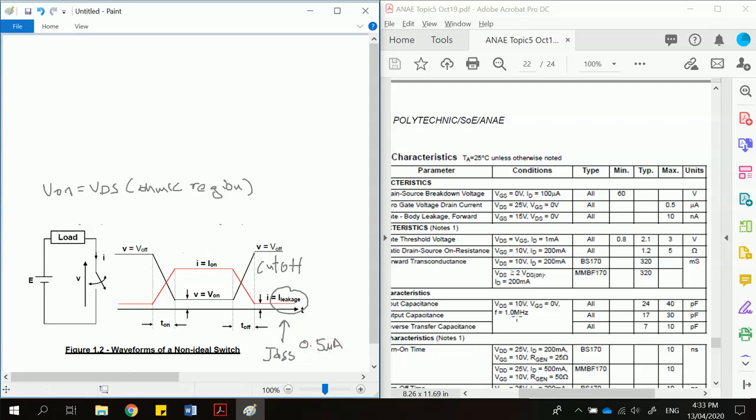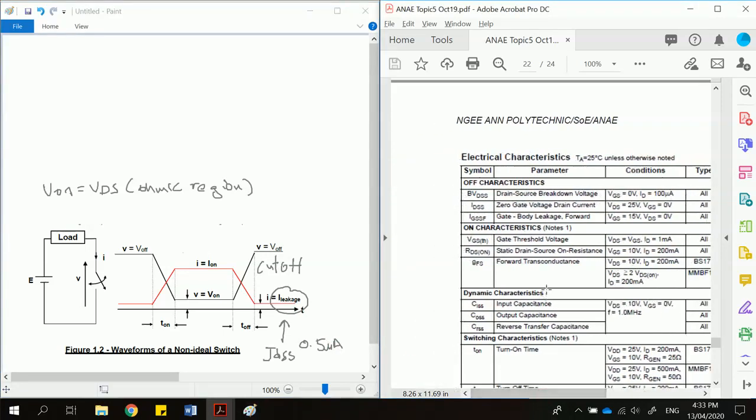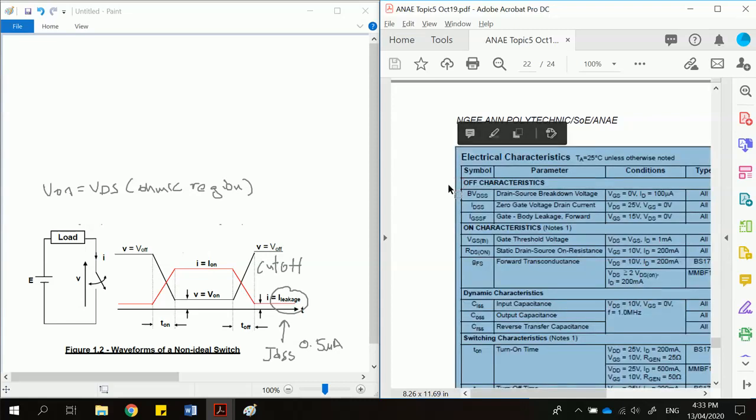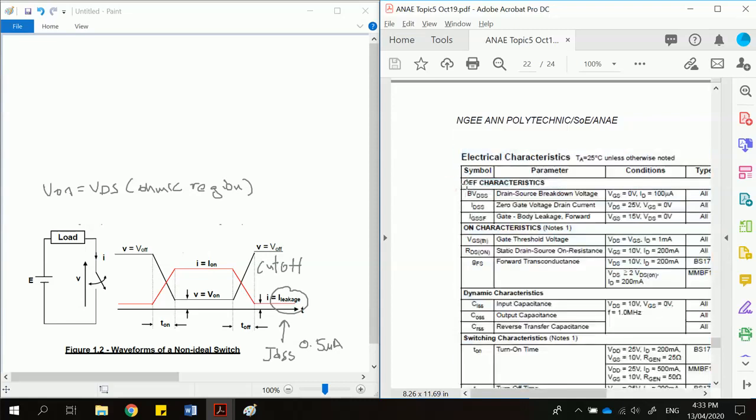How do I know that is IDSS? I will look into the data sheet, and on the data sheet itself, I check for the off characteristics. During cut off of the switch, I look into this parameter. It is called zero gate voltage. Zero gate voltage is a signal that goes into the gate and is below the threshold.